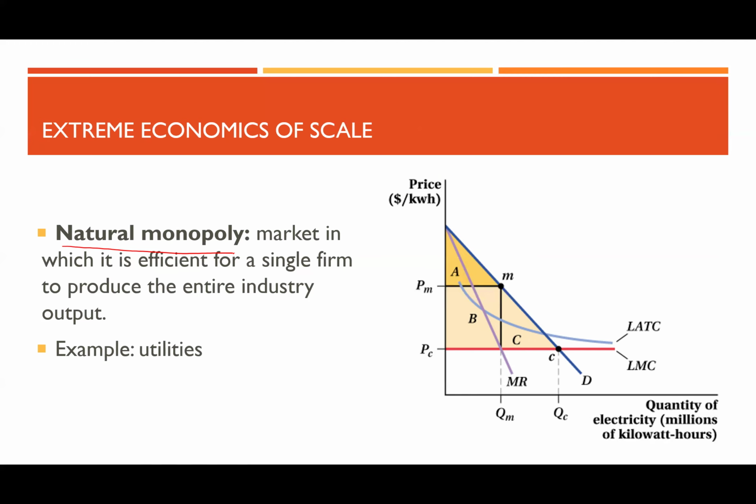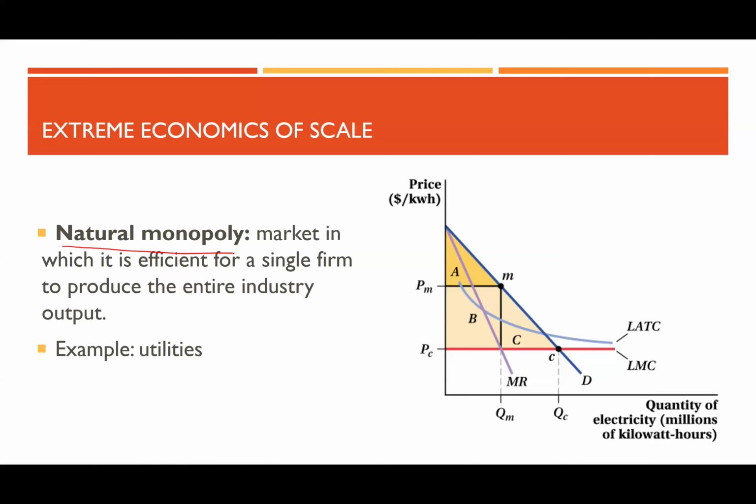And so once they have all that infrastructure set up and they turn on that electricity service, they can provide electricity to new users, and current users they can provide more, at a very, very low marginal cost, right? Almost zero. And so what that means is that a single firm can service quite a large market. Right. And so what we tend to see is this domination of that market by a single firm.